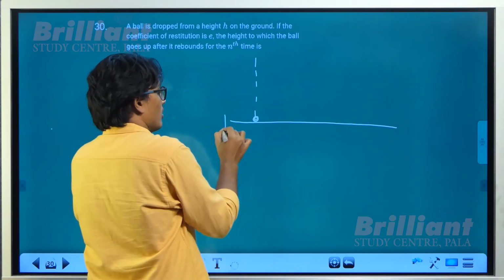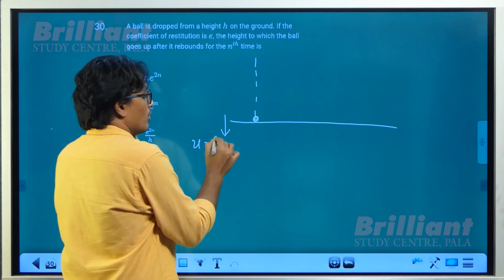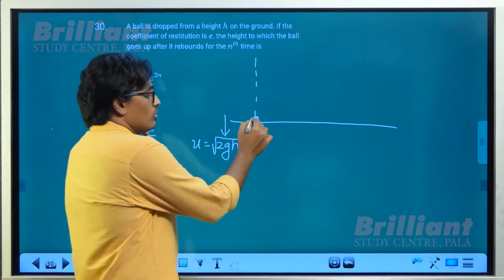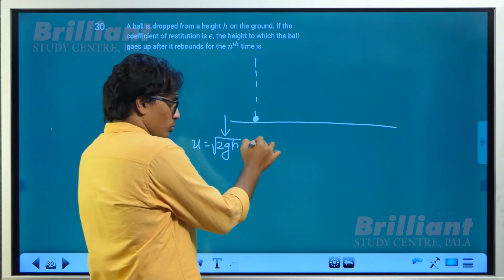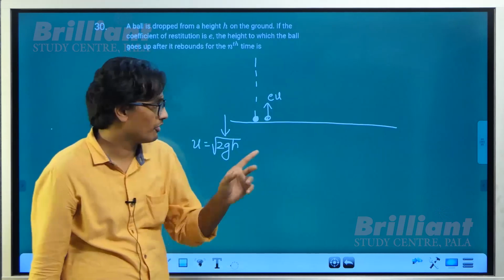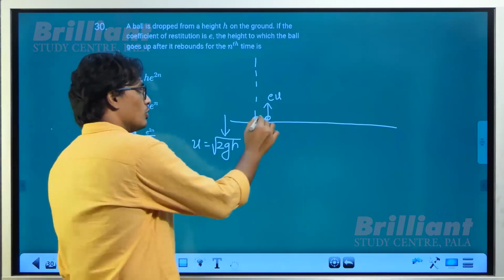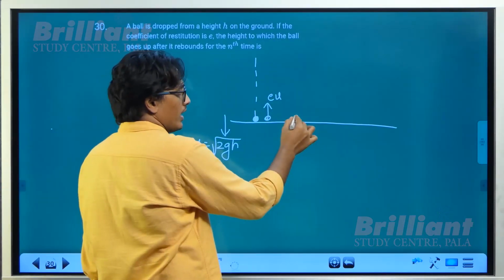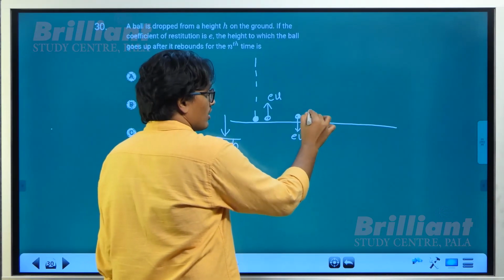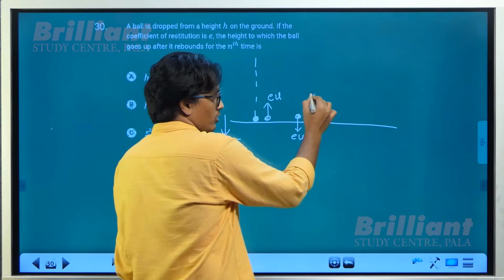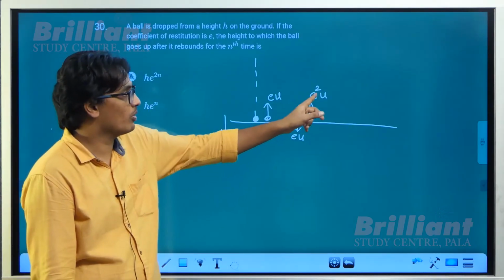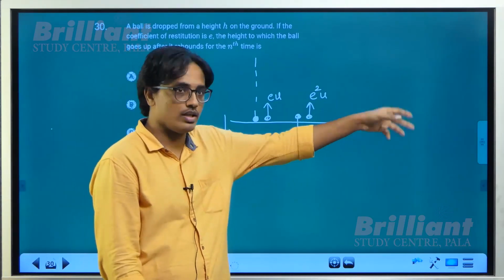First rebound, here velocity will be root of 2gh. Okay. Now when it hits with U, it goes back with EU. So after first collision, velocity is EU. It goes up, comes down, again it hits with EU. After second collision, velocity becomes E times EU, so E square U. So after first collision it's EU, second collision E power 2U, third collision E power 3U.